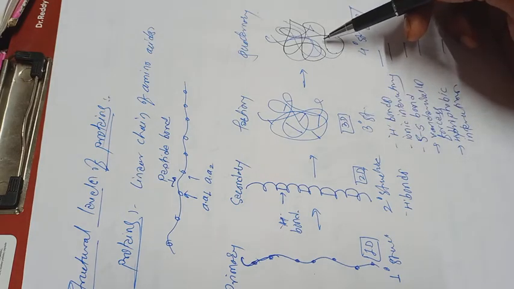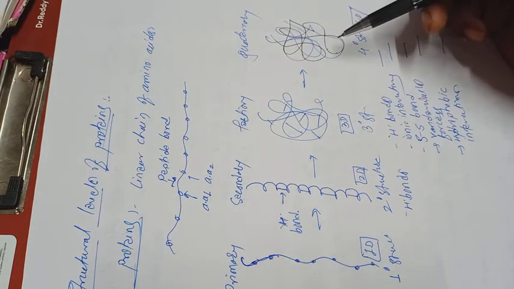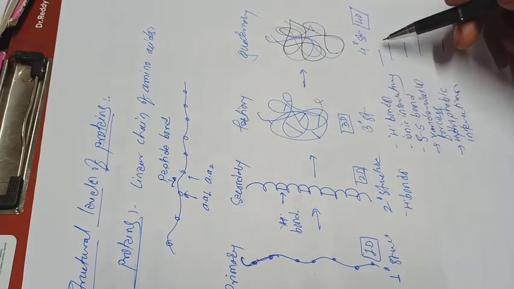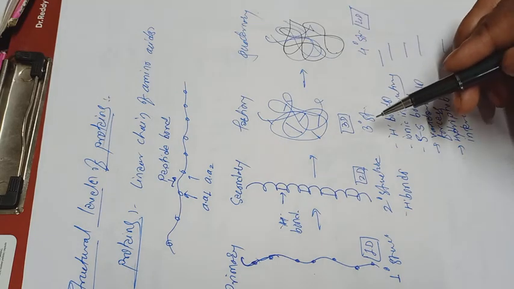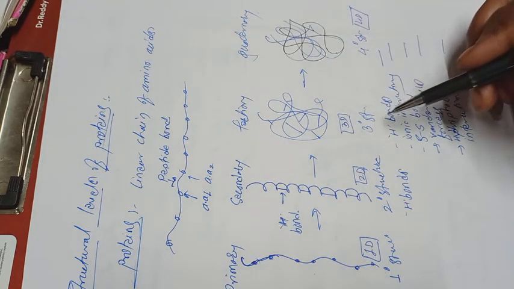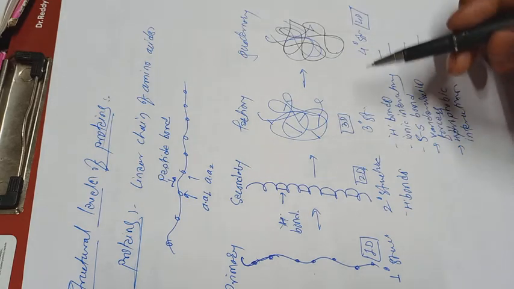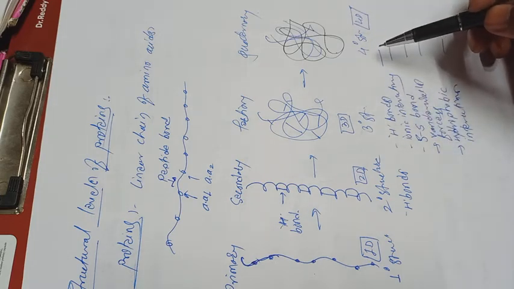In the quaternary structure, two polypeptide chains are folded in a compact manner. The bonds are the same in both, but because of the two polypeptide chains, it is called a quaternary structure.